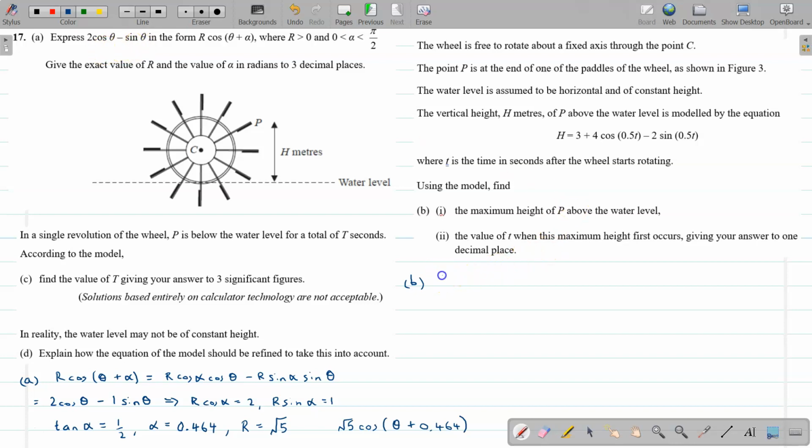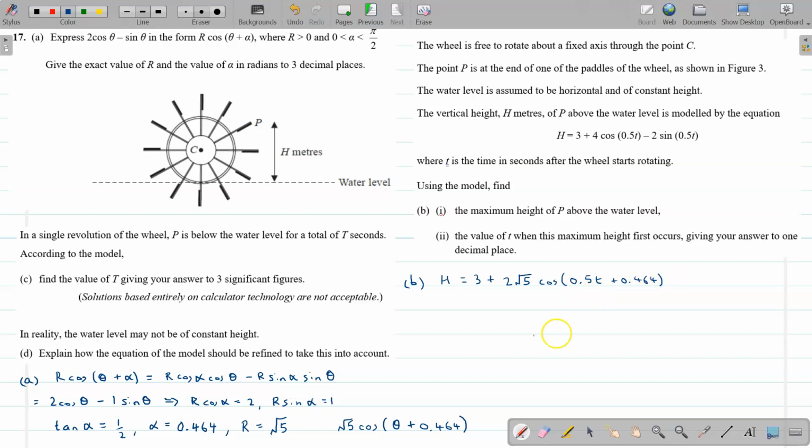So we can say that h equals 3 plus 2 lots of the model we've just created, so 2 root 5 times the cos of, now instead of theta we're going to put 0.5t, and that's going to be plus 0.464.